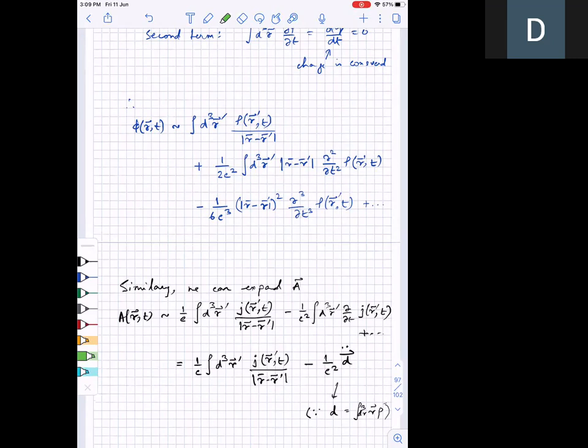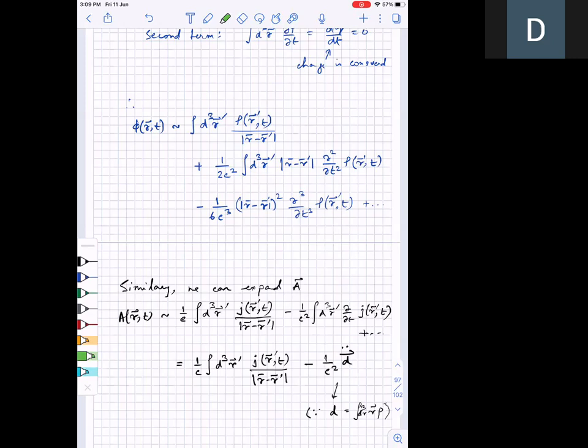So we have an integral over the volume of current density by r minus r prime, and then there is an integral over the volume, but of the derivative of the current density. Now, if you think of local charge conservation, then the derivative of the current density is related to the del rho del t.